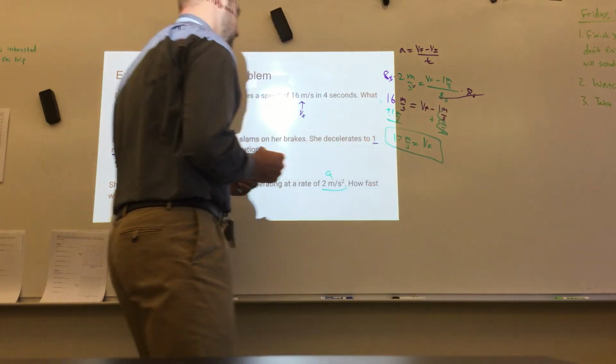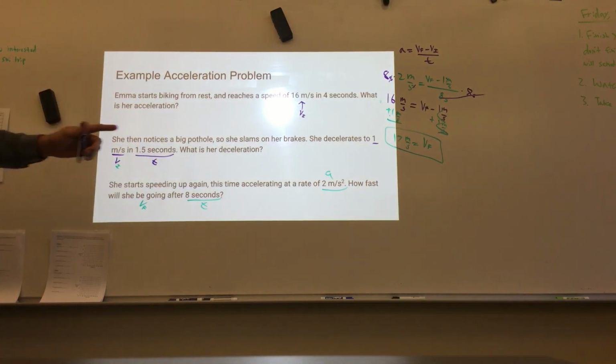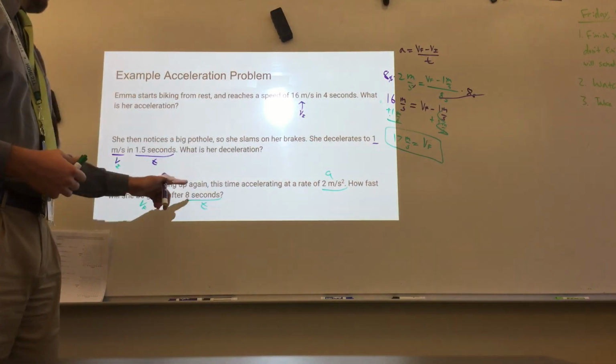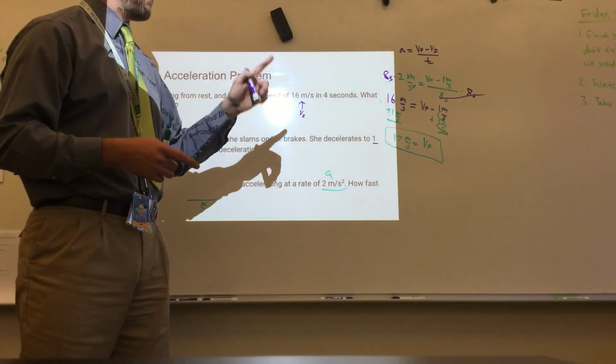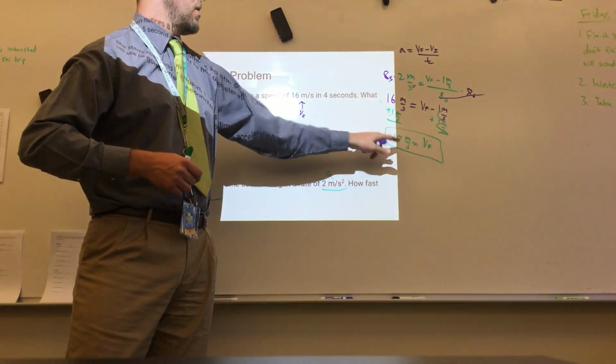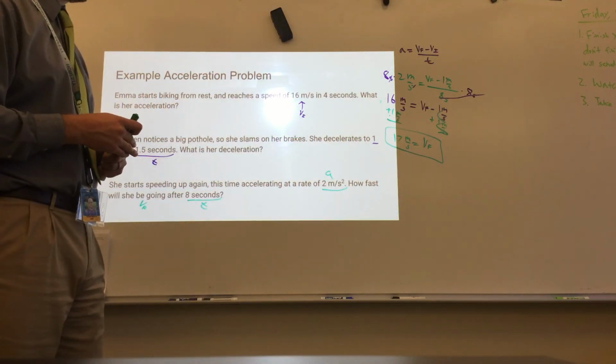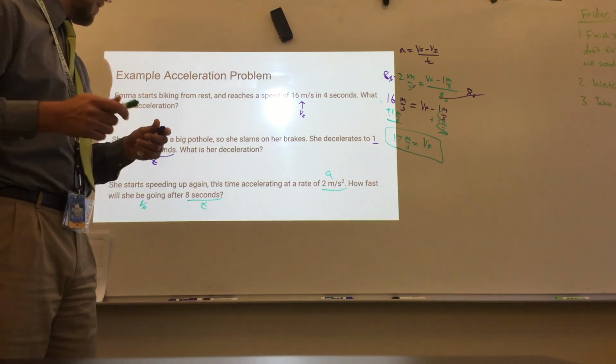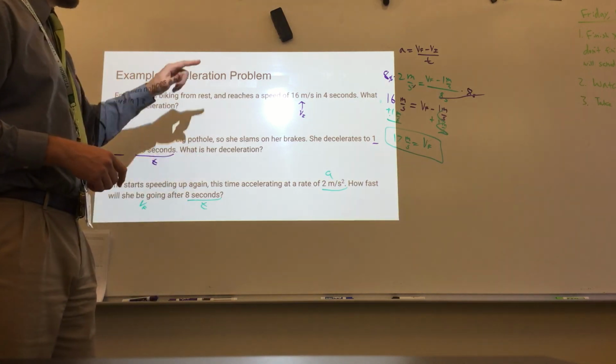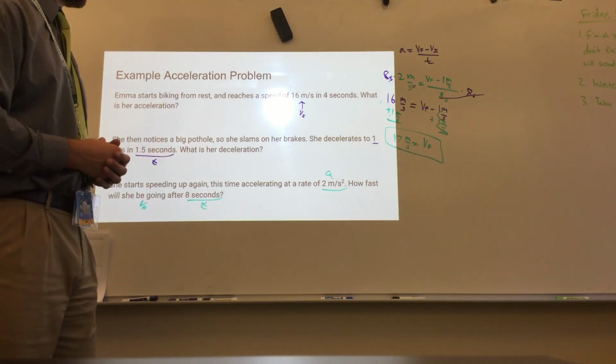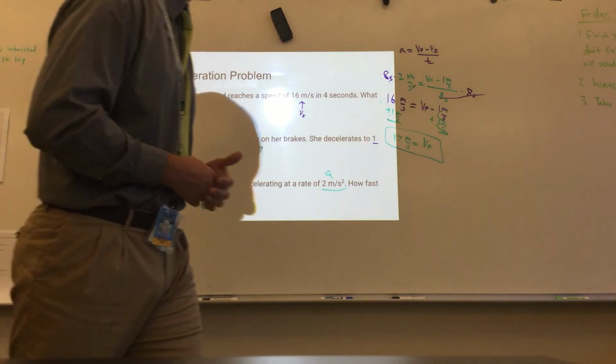So if Emma accelerated at a rate of 2 meters per second squared for 8 seconds, starting at 1 meter per second, she'd be traveling 17 meters per second at the end. So these are a few different styles of how you solve different kinds of acceleration problems. I'm hoping that helps you with those types of problems.